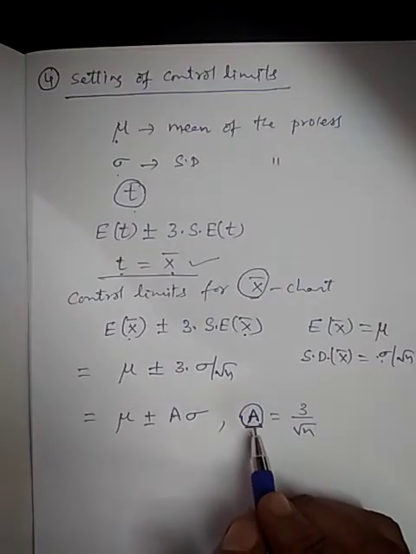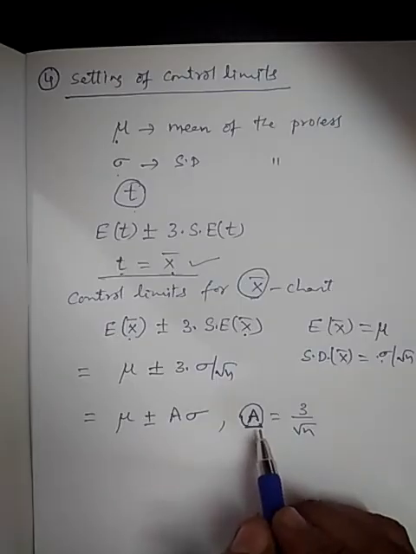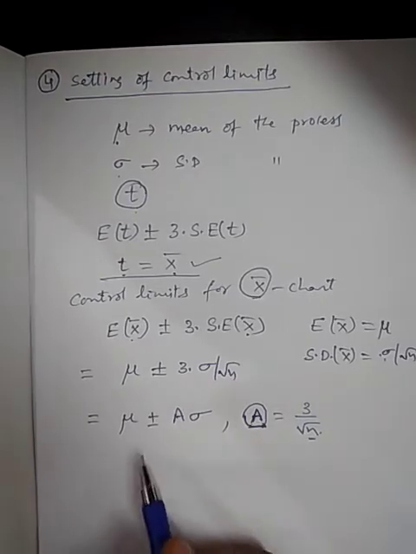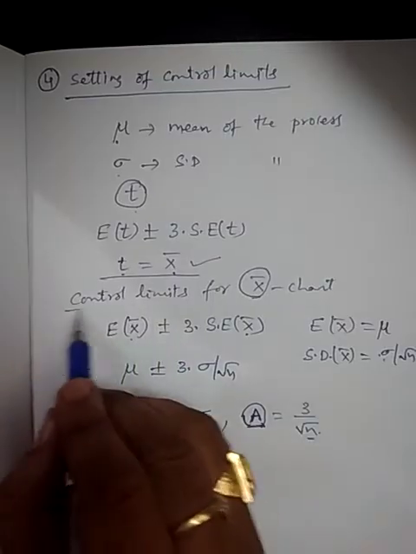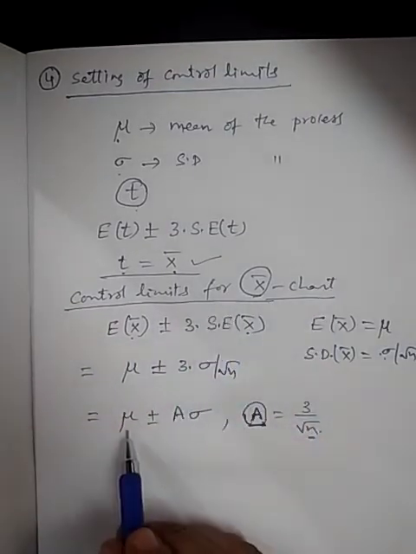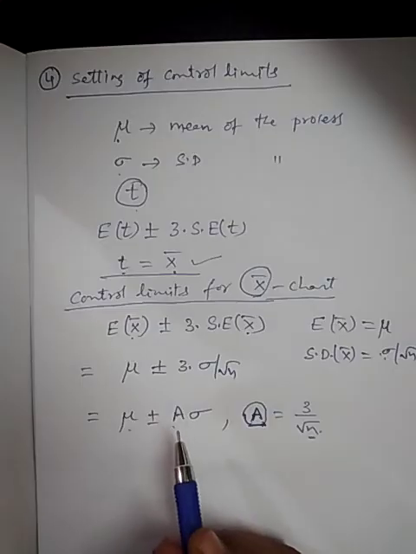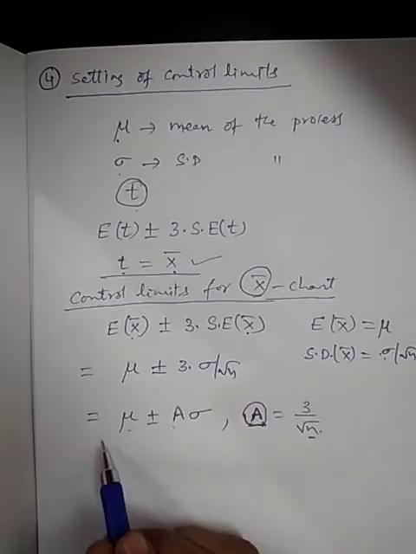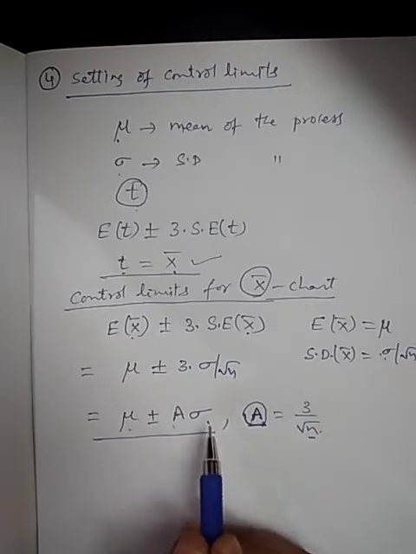So from the statistical tables of quality control, we can simply get the value of capital A for different values of n. Therefore, the 3 sigma control limits for the X bar chart are mu plus or minus A sigma. I already pointed out many times that the 3 sigma control limits are nothing but only UCL and LCL. From this formula, we can only get UCL and LCL.